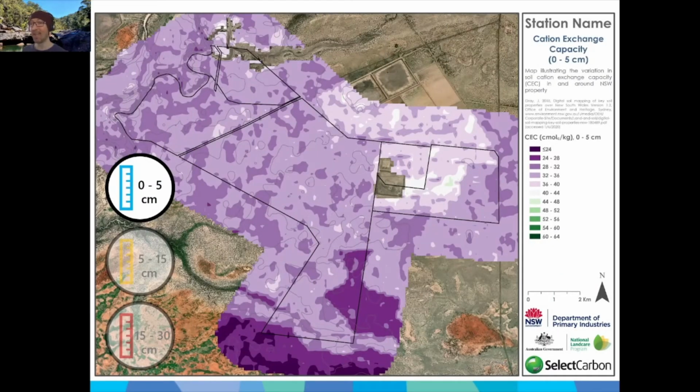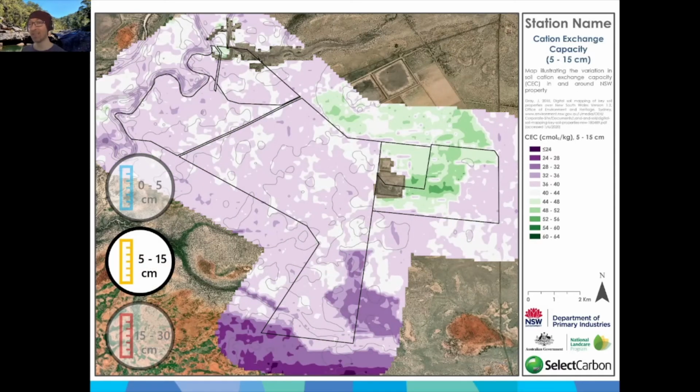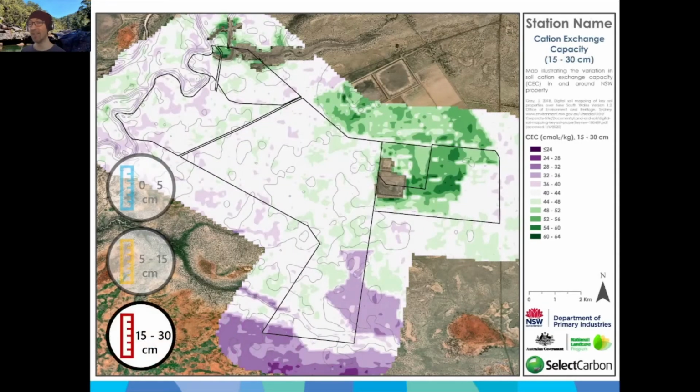Next up, we have the cation exchange capacity, or CEC. Now, CEC is a useful indicator of soil fertility. Among other things, it shows your soil's ability to supply 3 important plant nutrients: calcium, magnesium, and potassium. These nutrients are positively charged ions, known as cations, and CEC is essentially a measure of the soil's ability to hold on to these nutrients by electrical attraction.